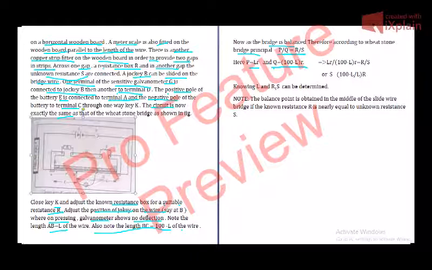So the remaining resistance Q will be equal to 100 minus L into r.